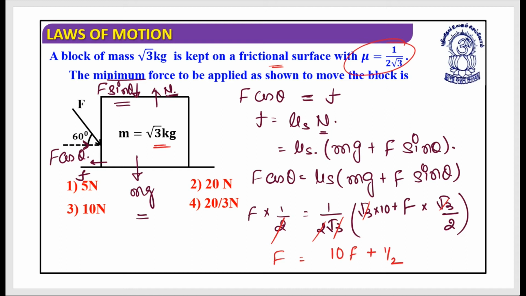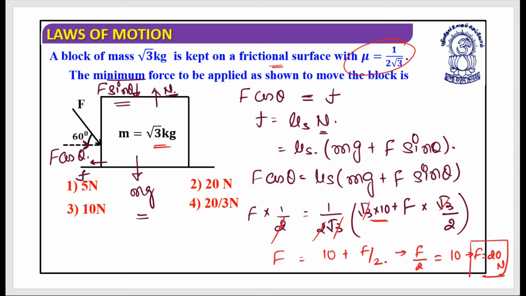Sorry, this is 10 plus, I made a mistake. F is equals to 10 plus F by 2. So this is required. From this, F by 2 is equals to 10 and F is equals to 20 Newton. I hope this is clear.